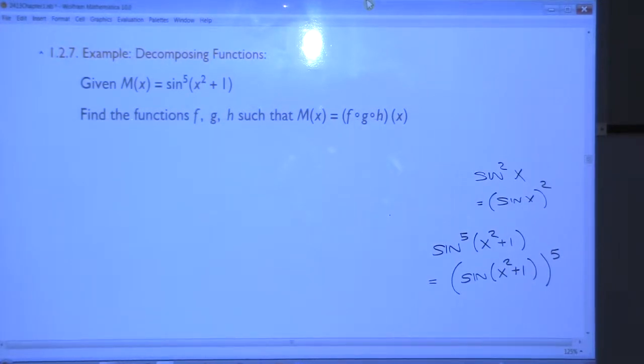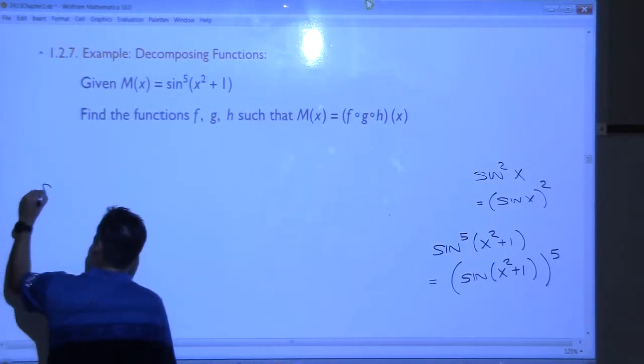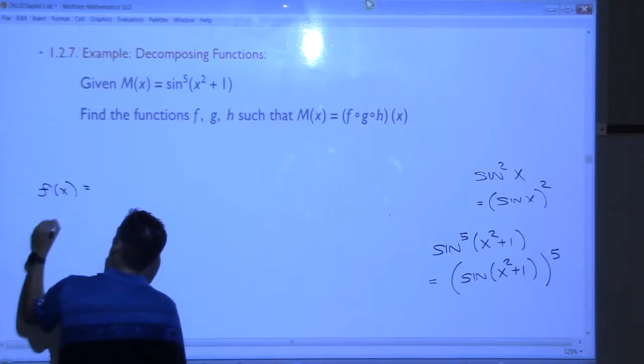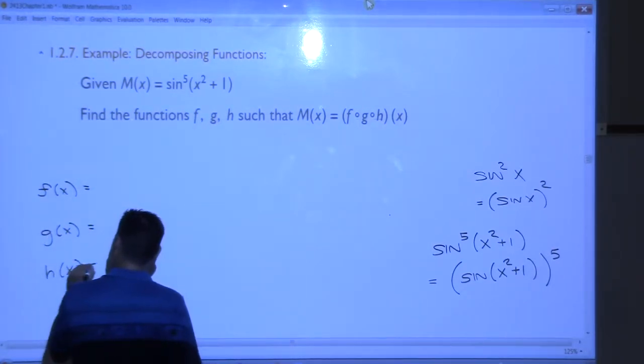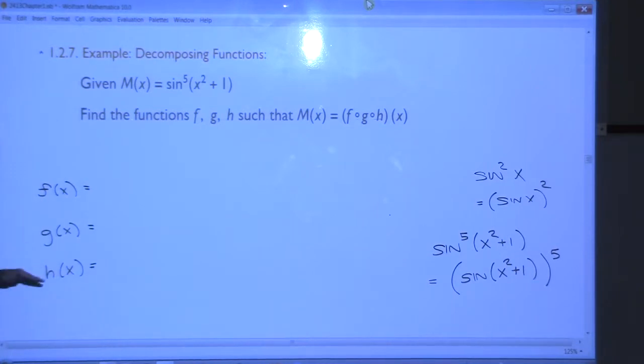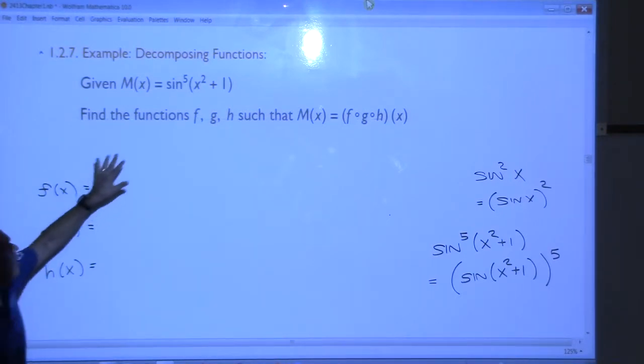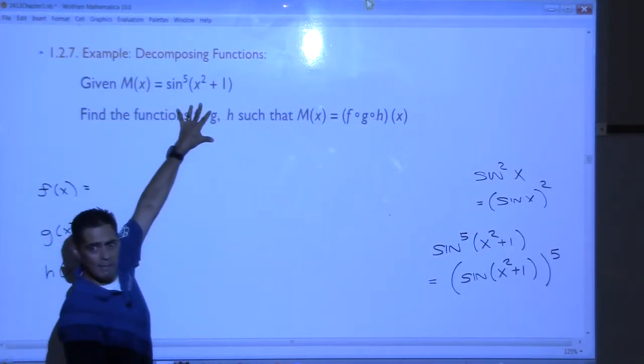Okay, so what the heck do they want here? They want us to come up with three functions, f of x, g of x, and h of x. And they want us to come up with these functions in a way that when we start plugging certain functions into certain functions and keep doing that, we wind up with this at the end, right?